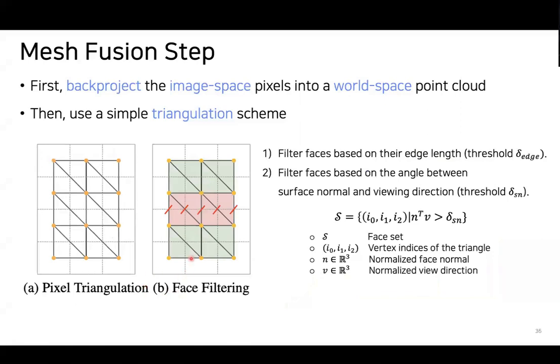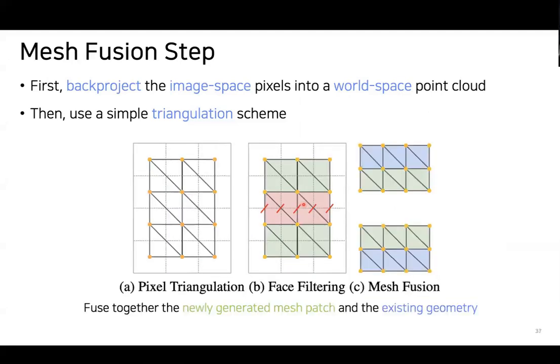In figure B, red means the filtered face. After face filtering, we fuse together the newly generated mesh patches, denoted as green, and the existing geometry, denoted as blue. We continue the triangulation scheme at all edges of the mask.